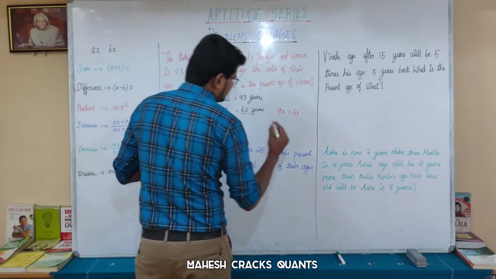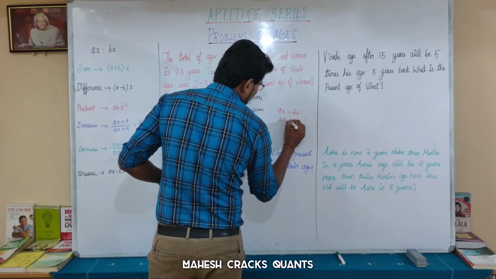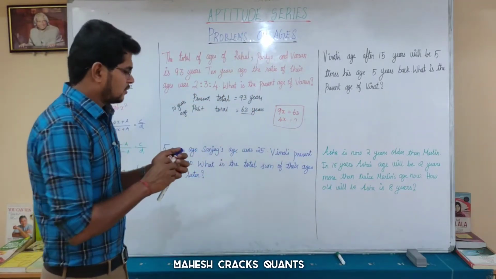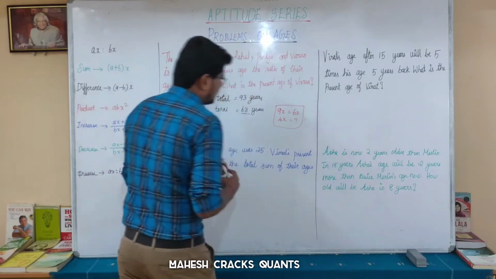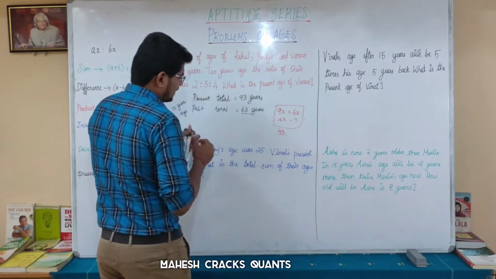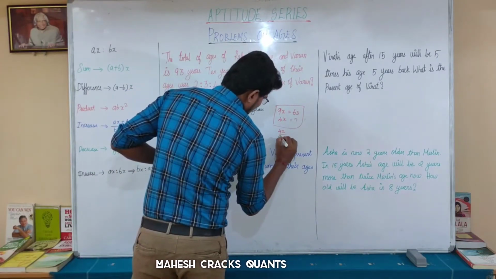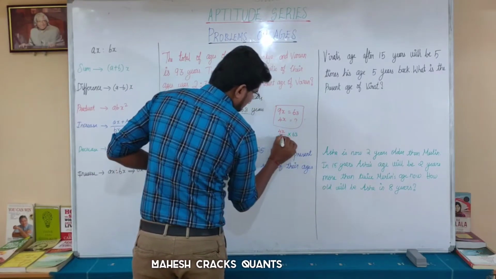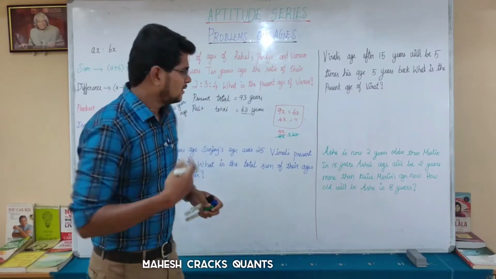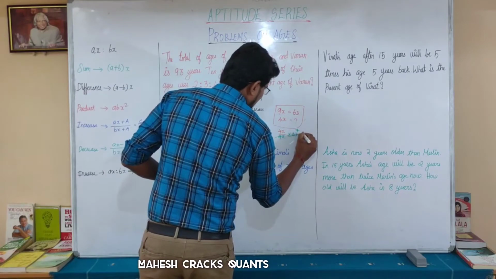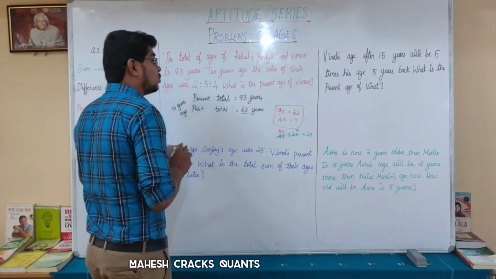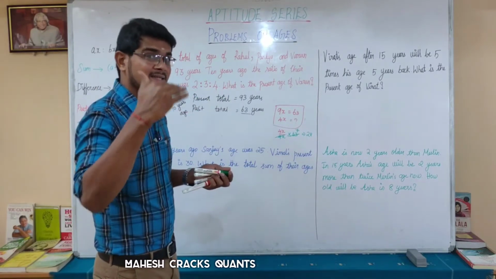I know the value of 9x, which is 63. How many times is 9 in 63? 7 times. 4 into 7 is 28. So the age of Varun was 28, 10 years ago.